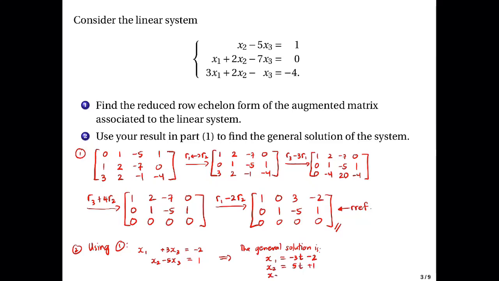And then x3 is t, where t here is arbitrary. Okay? So this is the general solution. Okay?